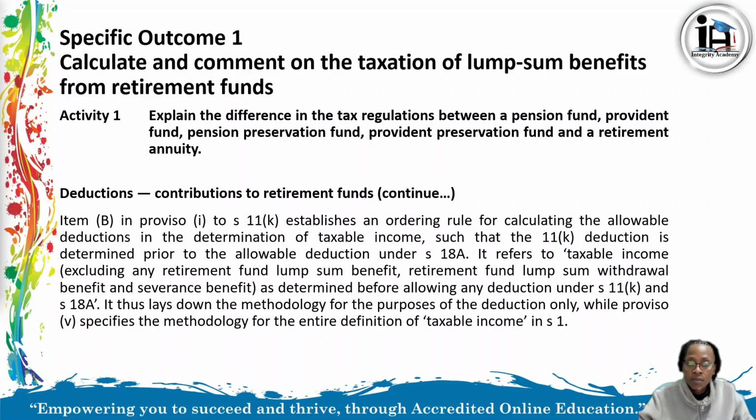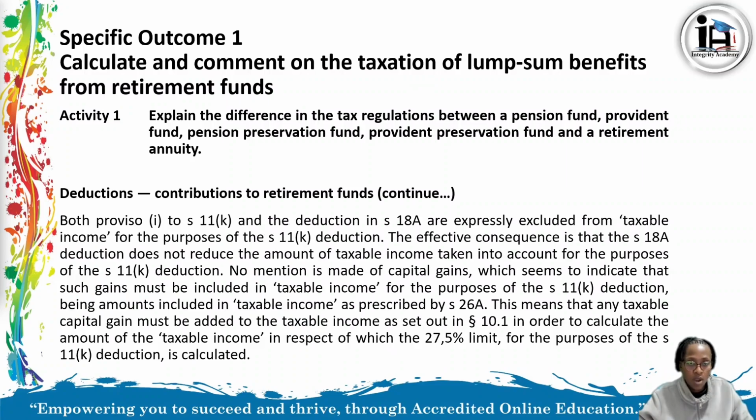It refers to taxable income excluding any retirement fund lump sum benefit, retirement fund lump sum withdrawal benefit, and severance benefit as determined before allowing any deduction under section 11K and section 18A. It thus lays down the methodology for the purposes of the deductions only, while Proviso 5 specifies the methodology for the entire definition of taxable income in section 1.